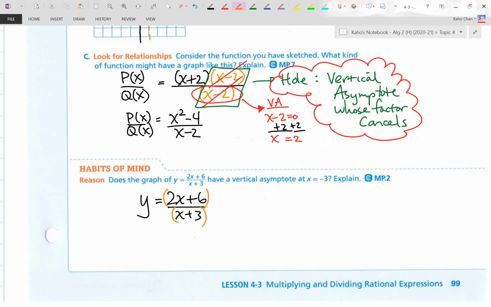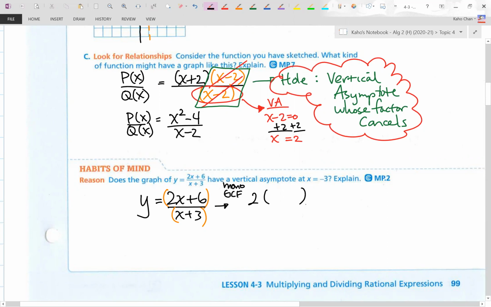2x plus 6 is a binomial that can be broken down further. I'm going to take out a monomial GCF on top. I can take out a 2. When I factor out a 2, in the numerator, I'll be left with an x plus 3.